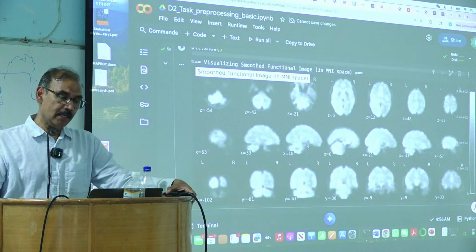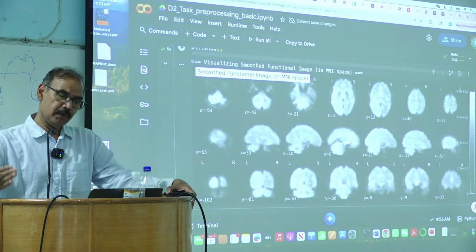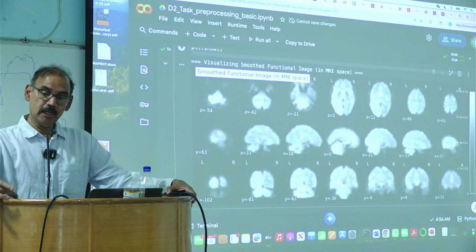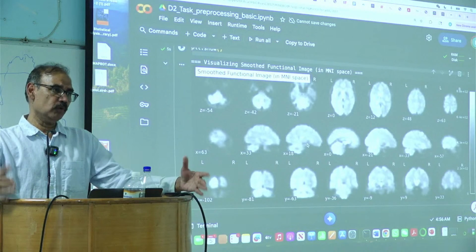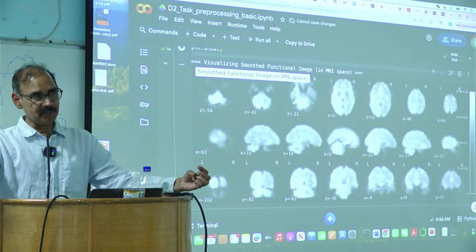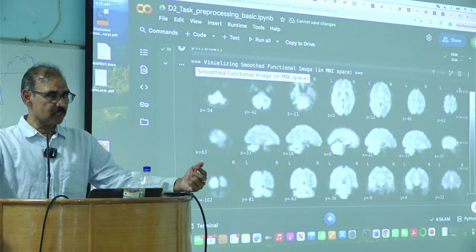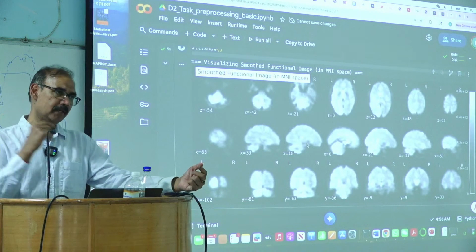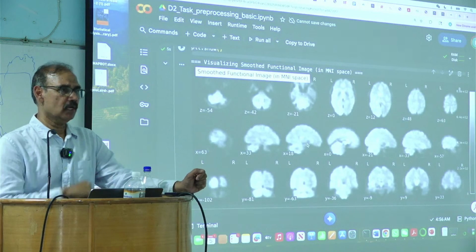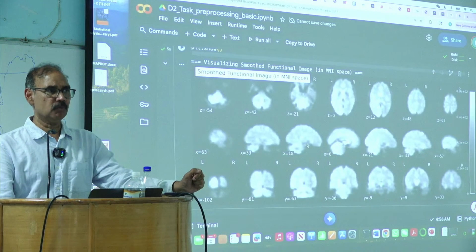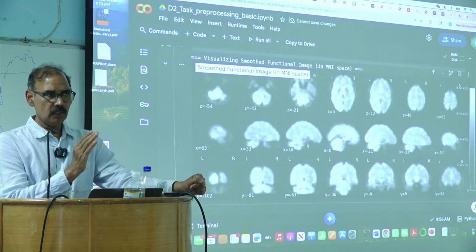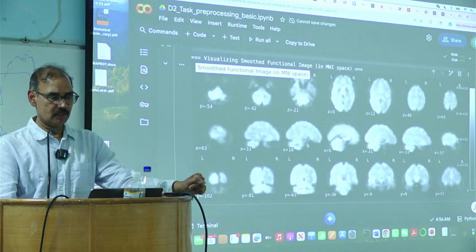If your data was collected at, just as an example, 2 by 2 by 2, and then you use a spatial smoothing of 6 millimeter, the resulting data may have more signal to noise ratio, but you cannot say that the spatial resolution is 2 by 2 by 2, because you have used a spatial smoothing of 6 millimeter. So you lose spatial resolution.